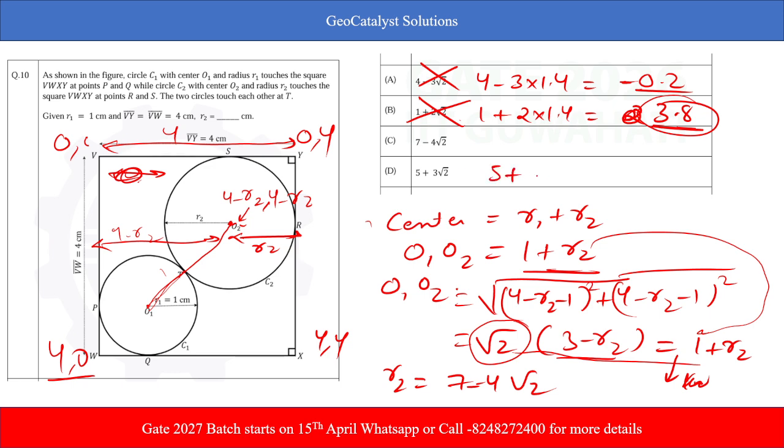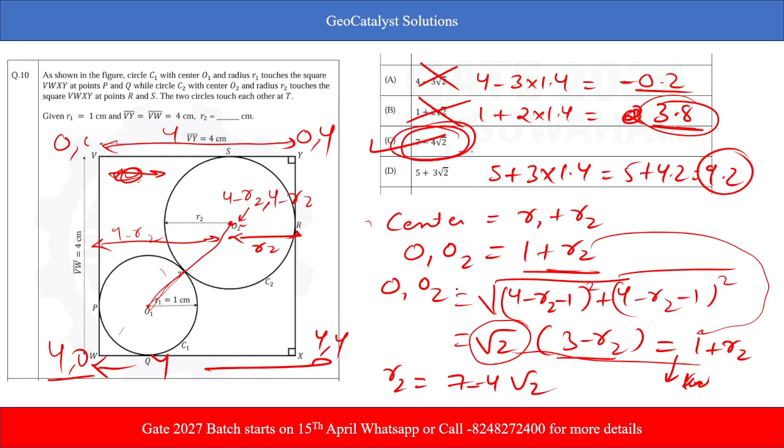Then 5 plus 3 into 1.4, so 5 plus 4.2, 9.2. This itself is 4, so how will R2 be 9.2? So only one option we have actually, so that will be the answer. So you need not solve this much.